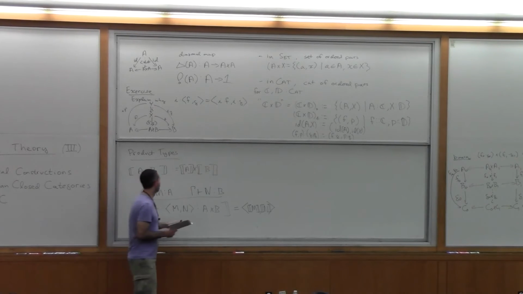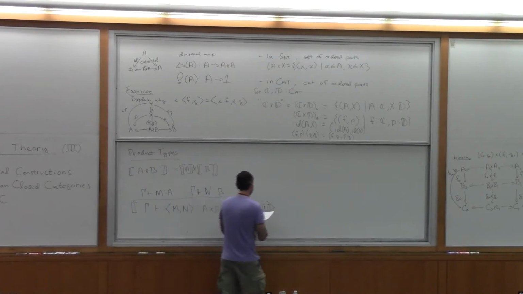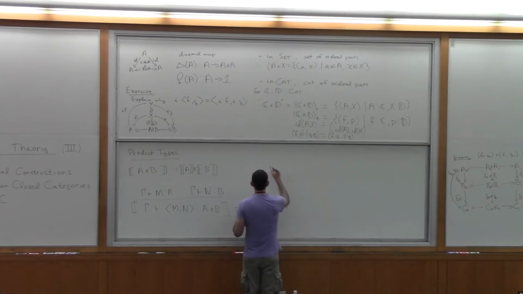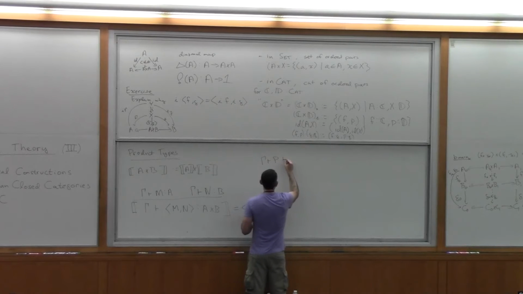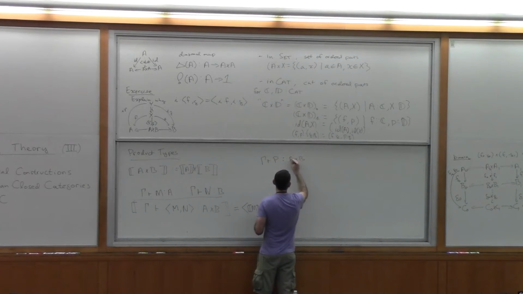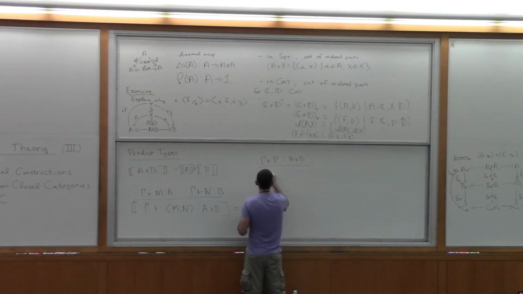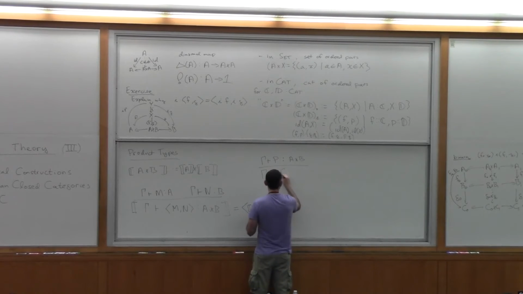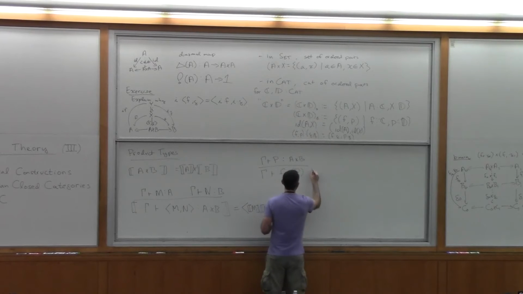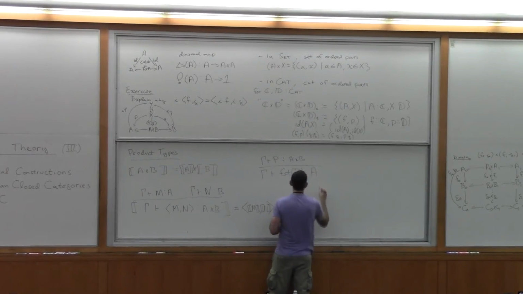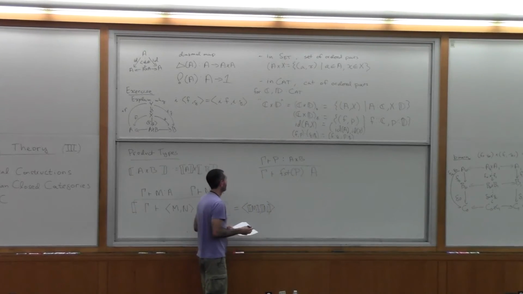Okay, and then for the elimination rule, it says, in type theory, that if we have something of product type, then we can take its projection, and it has the type of the respective factor, right?